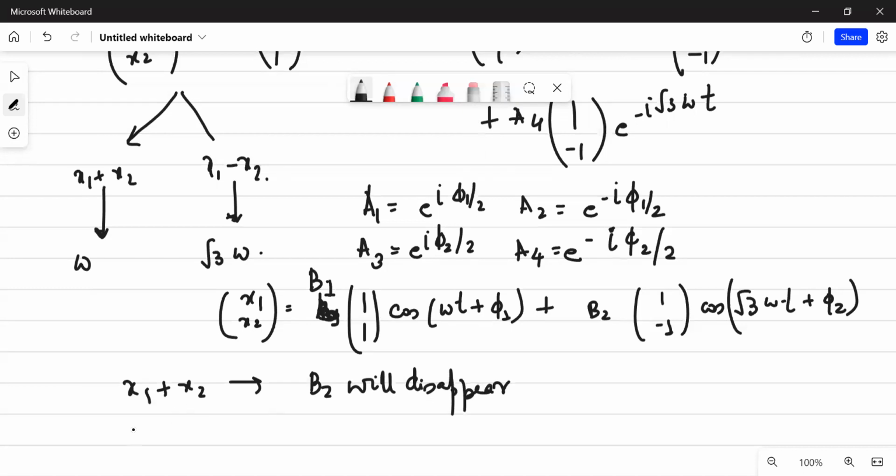Is that clear? Now if you do x1 minus x2, the b1 term will disappear. Is that clear or not clear?